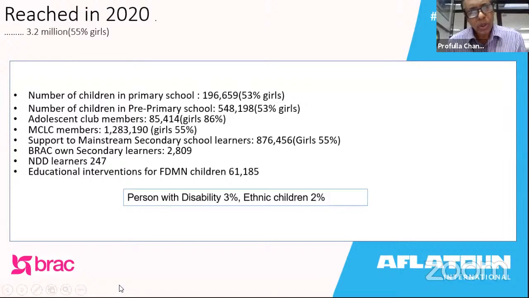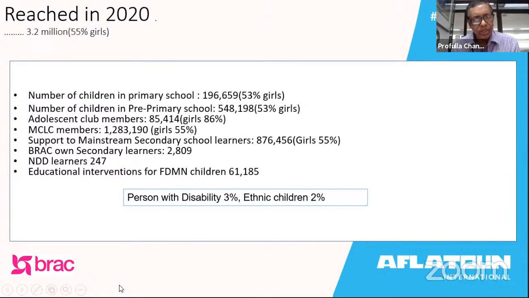Now we have about 200,000 children in primary school, but we have increased the number of children in pre-primary school, 548,000 children. 85,000 adolescents are under the adolescent club program. Altogether we reach 3.2 million children and members under the current program.